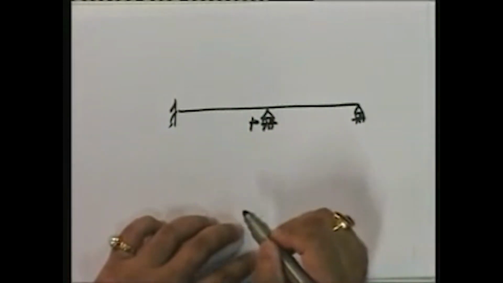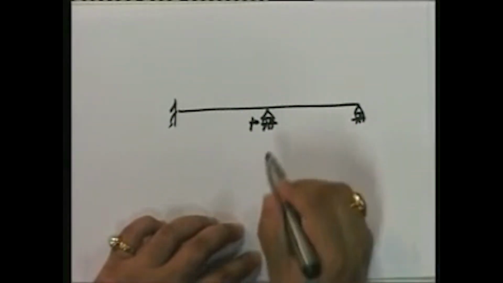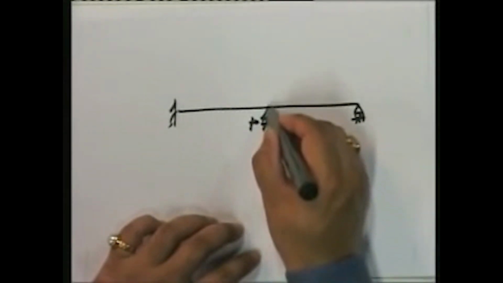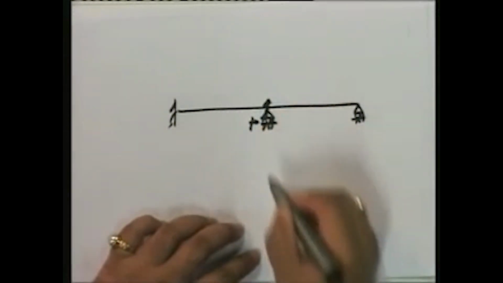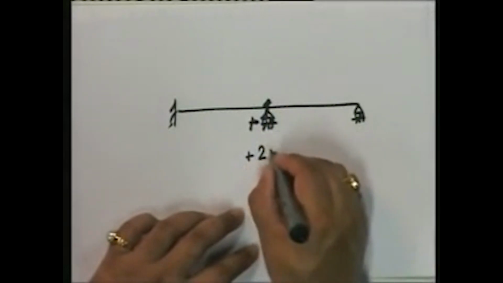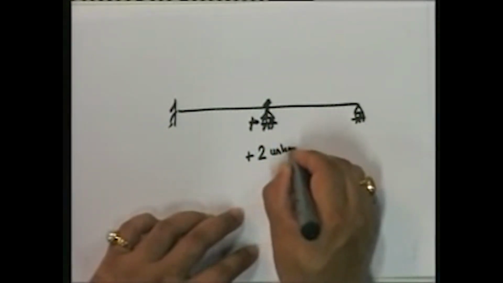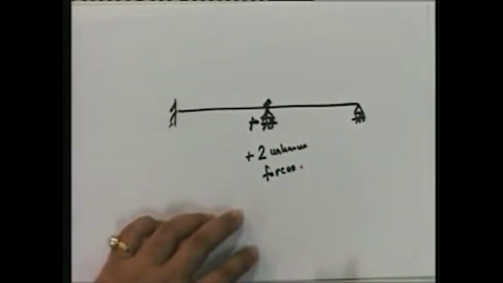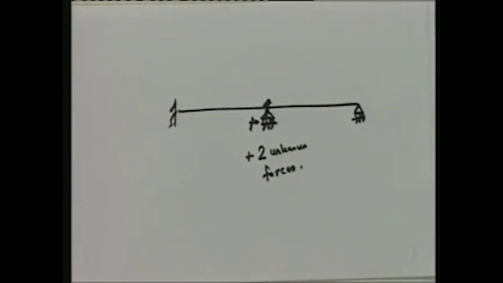What happens? It develops an unknown reaction here. I'm also going to stop the rotation here. So, what have I added? I have added 2 unknown forces to the structure. Remember that.